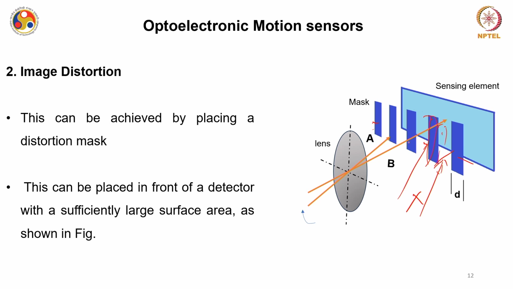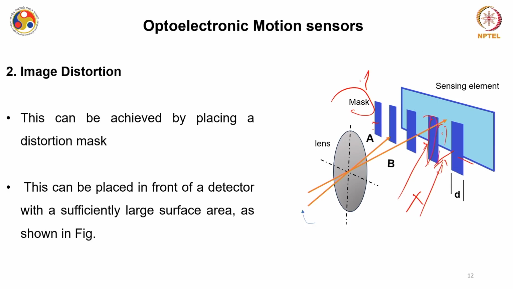This distortion mask is usually placed in front of the sensing element with a sufficiently large surface area. So in place of making this sensing element complex, you are having a single sensing element, of course, with a little wider area. And then you are placing a physical mask, which is an optical mask, which will blank certain areas and pass certain areas.